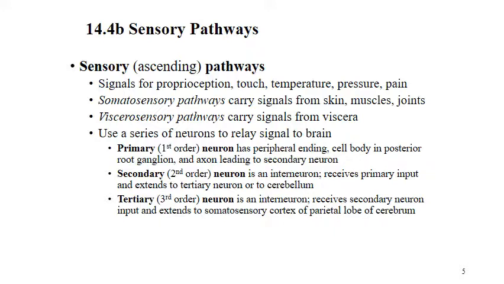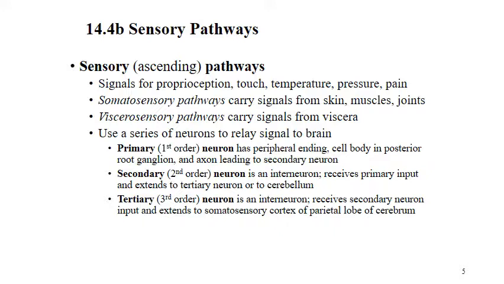All right, so sensory pathways. These are the ascending pathways. They're going to be sending signals from the body's sensory nerves all the way up to the brain, such as for proprioception, which is kind of our balance and knowing where we are physically, our touch, temperature, pressure, pain. Somatosensory pathways are going to carry signals specifically from the skin, muscle, and joints.